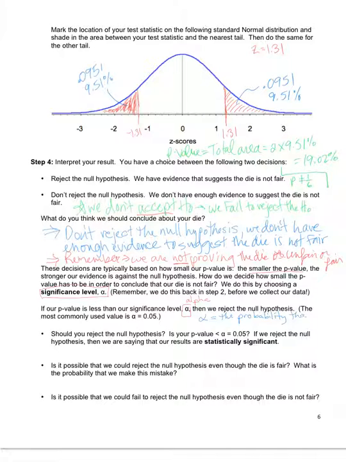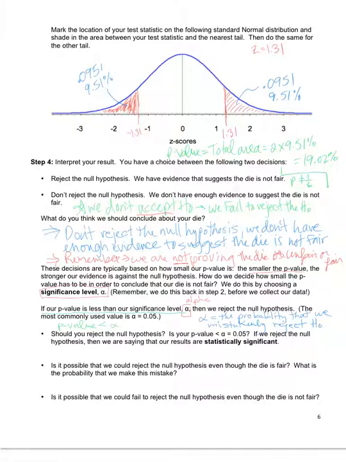So it's the probability that we mistakenly reject the null hypothesis, which is H0. The other piece here, I just want to put into symbols. If your p-value is less than alpha, then we reject the null hypothesis.